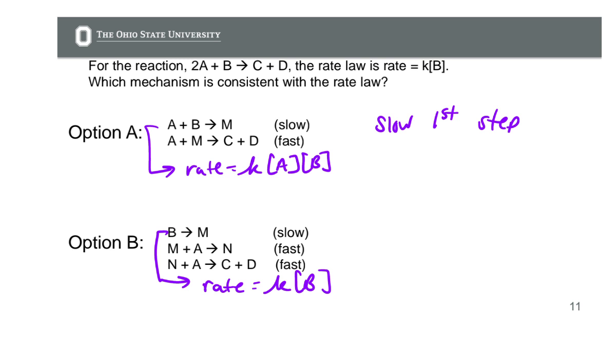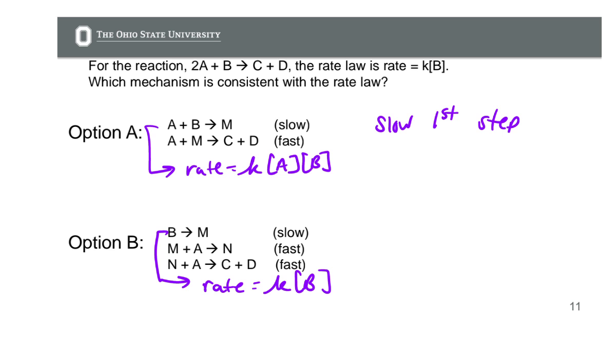So even though there's a bunch of other stuff following both of those first steps, it doesn't really matter. We could have written several hundred other lines. But because that first step is the slow one, that's what is setting the rate law. Okay? That's the one that's making it so the reaction only goes at a certain speed.